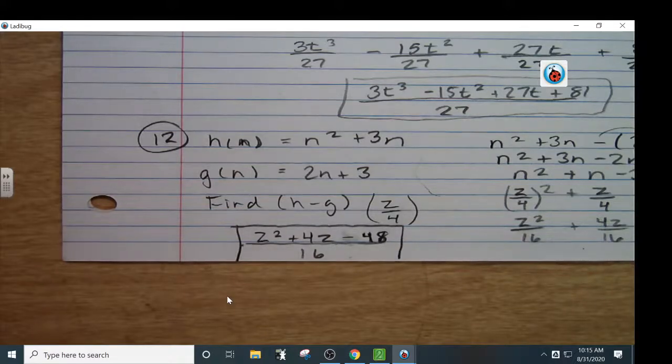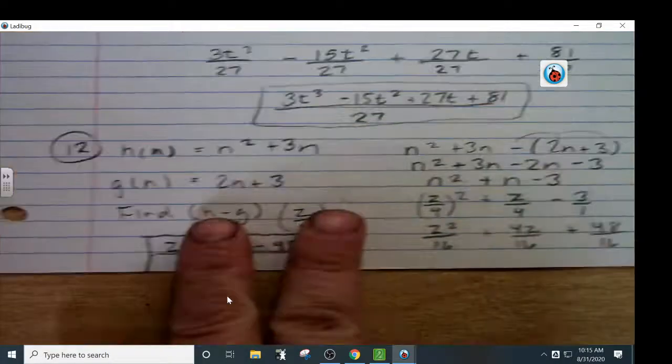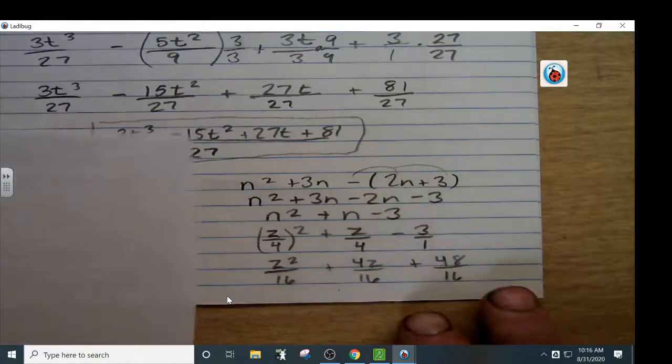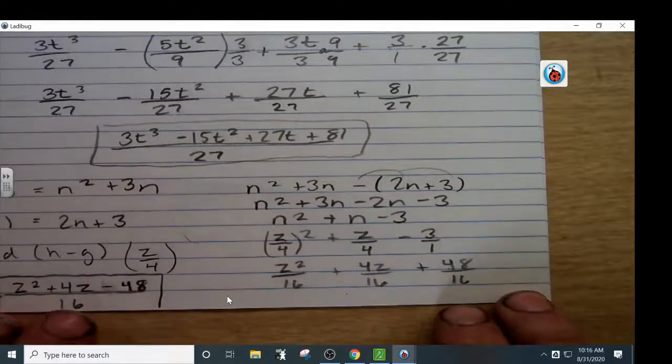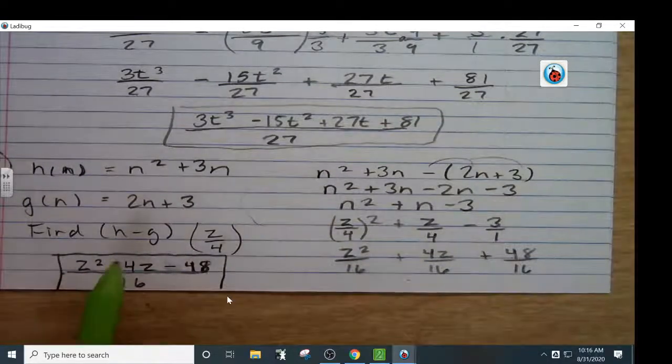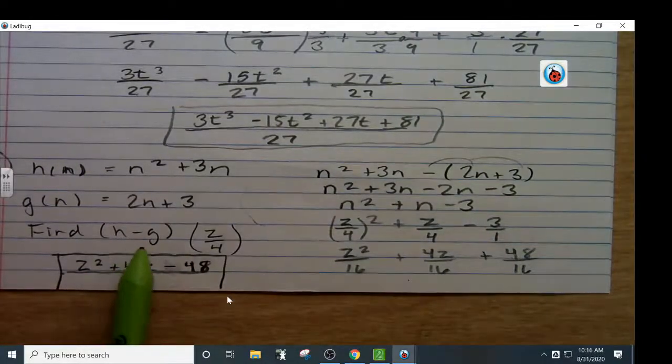All right, so guys, looking at what we did here, the first thing was the rule says you're going to take function h and subtract g from it.